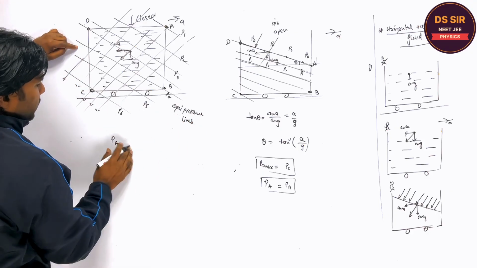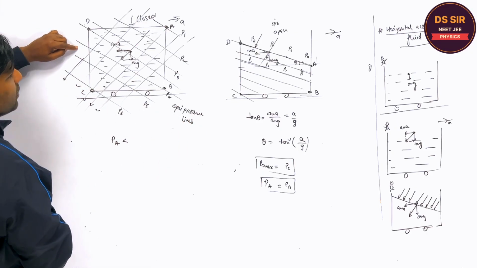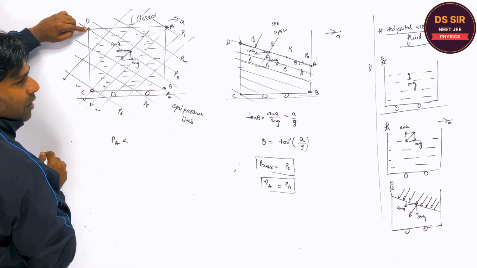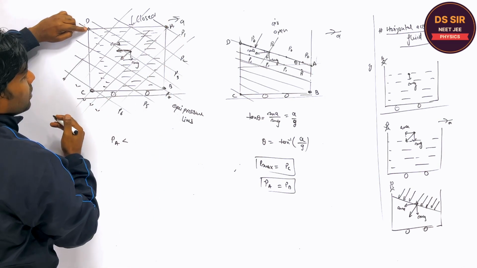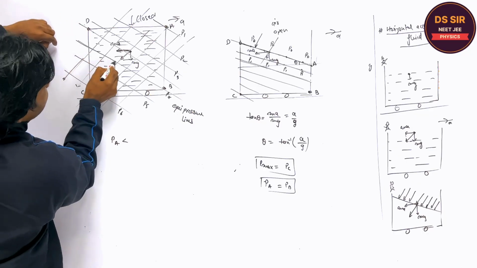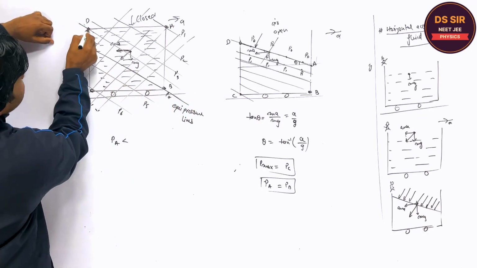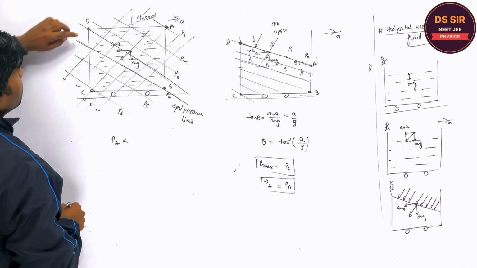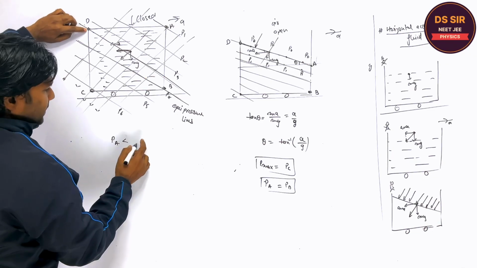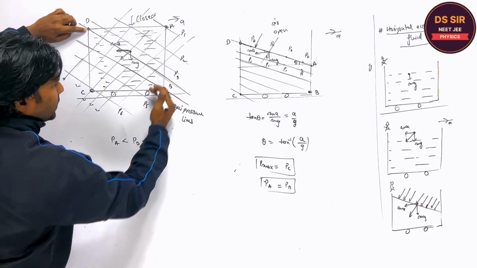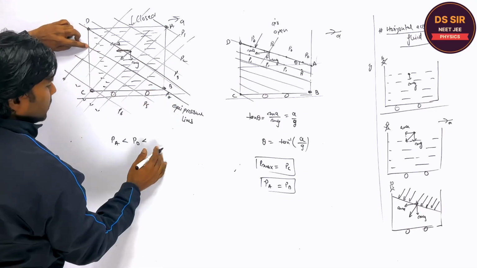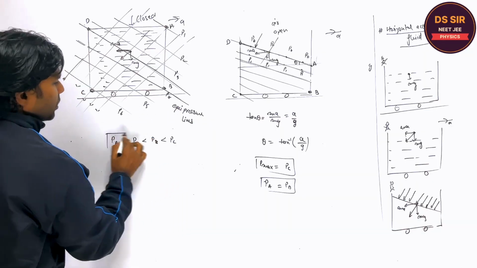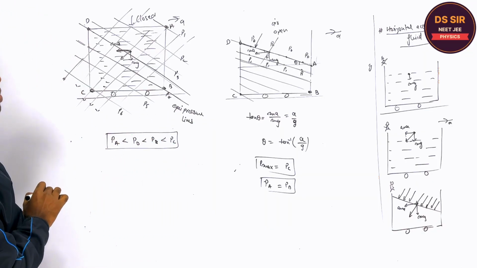Then after that, is point D greater or point B greater? This is the line passing through B, and this is the line passing through D. As shown in the figure, D is less, and then B is increasing. This point is increasing. And the maximum pressure is at C. You understand this question or not?